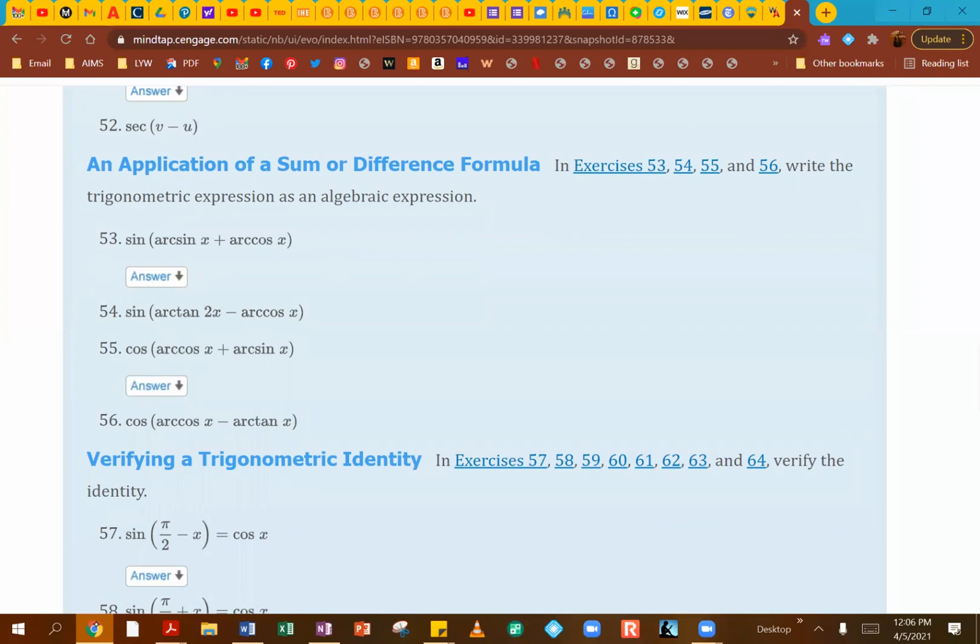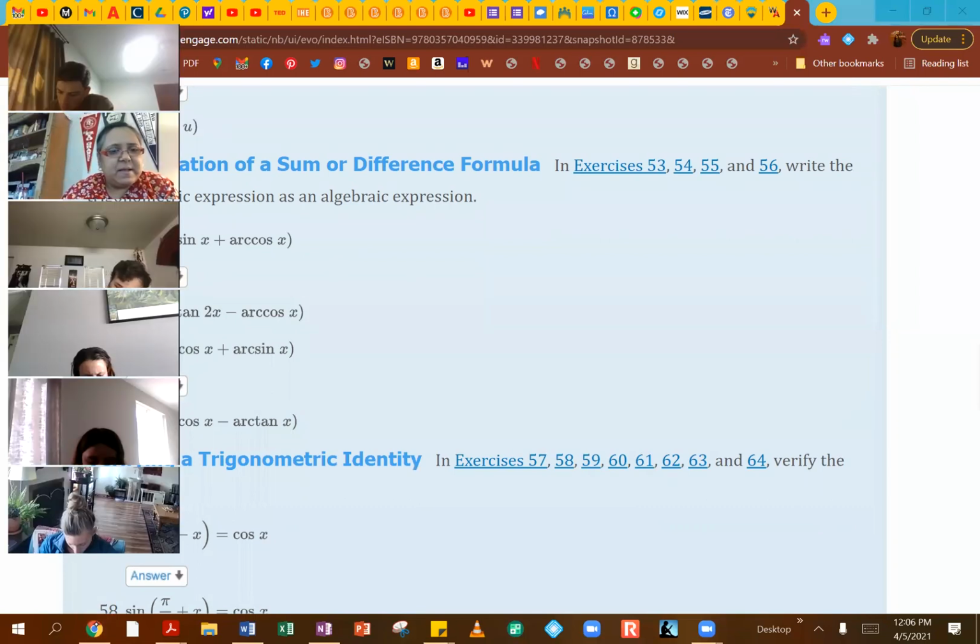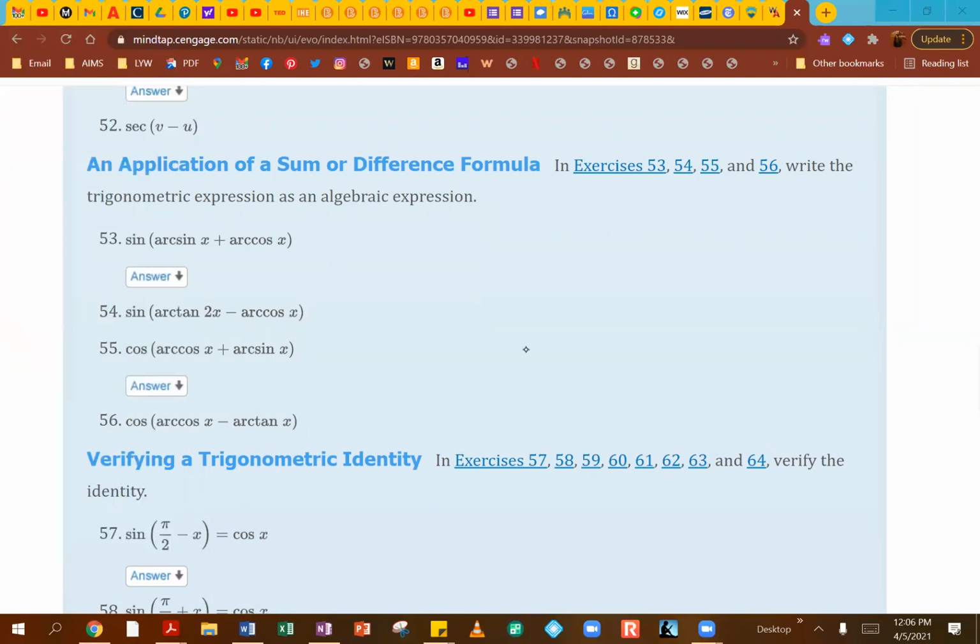So this was the next type of example I wanted to talk about. And I know Eusebia, you had also asked me a question on this one from your homework. So this is the one we had not had a chance to talk about. So let's take a look at how we can work with an example like this one here. Our instructions are, write the trigonometric expression as an algebraic expression.